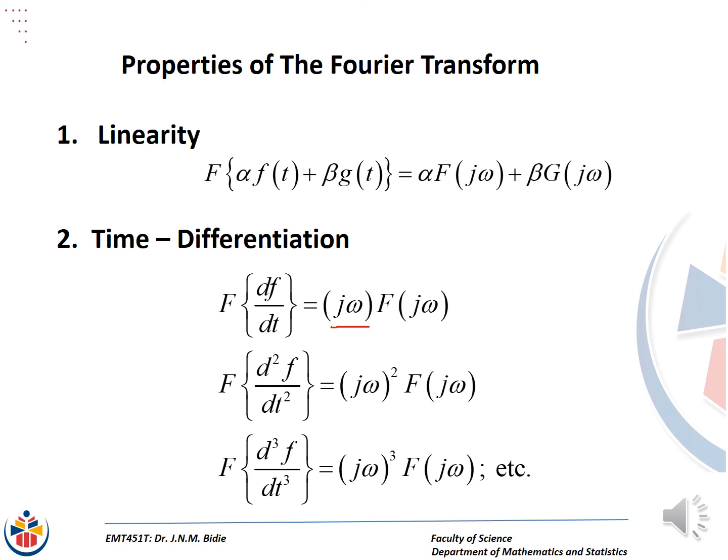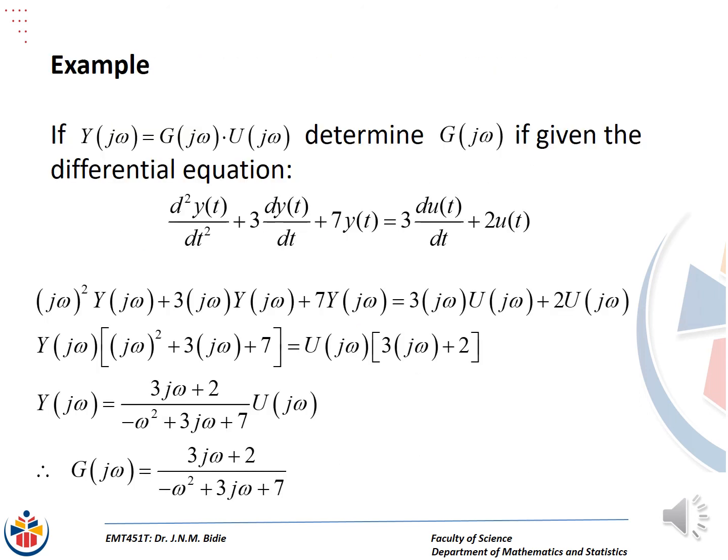The second derivative gives j omega all squared times the Fourier transform of the original function. The third derivative gives us j omega all to the power 3 of the Fourier transform. So let's do some examples making use of the linearity property and the time differentiation.